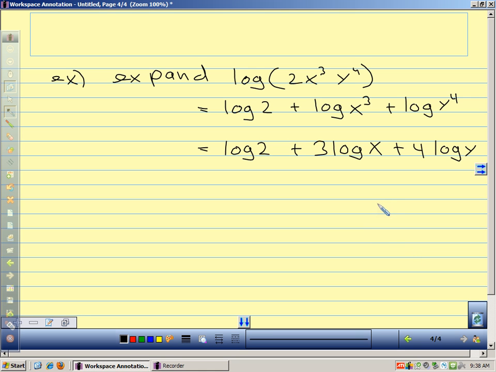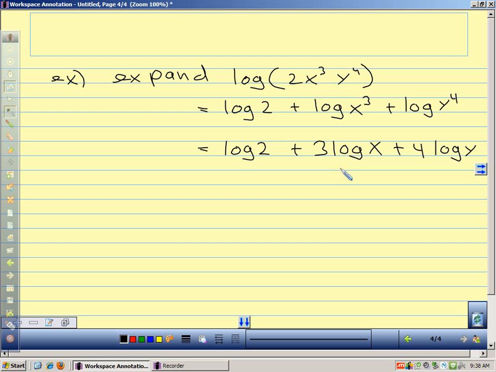So this is one reason why working with logarithms is kind of nice. Logarithms turn this multiplication into an addition problem. Turn these exponents into numbers that are multiplying rather than exponents. So this is one reason why logarithms are useful in solving problems. They turn multiplication into addition, and they turn exponents into multiplication.